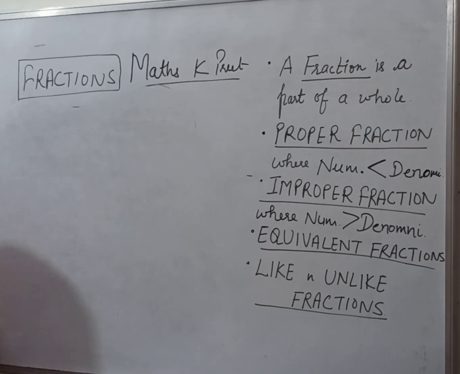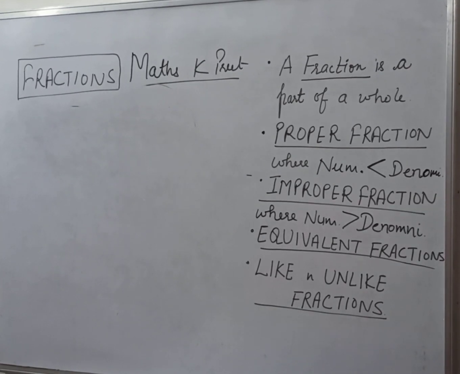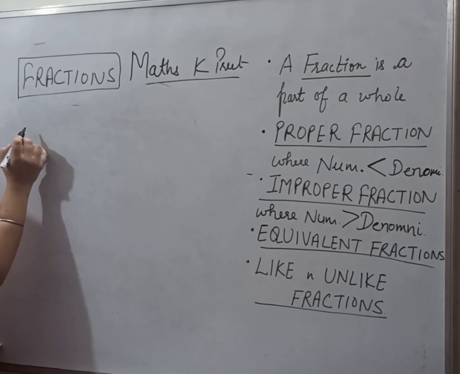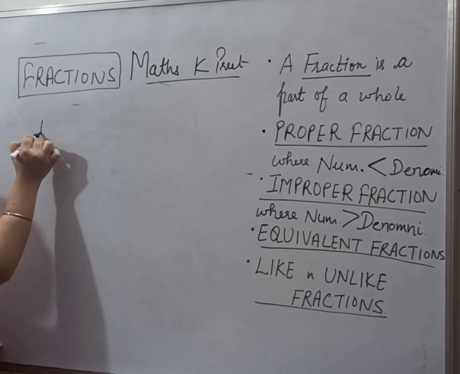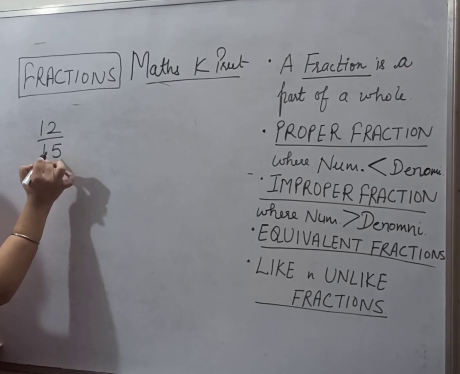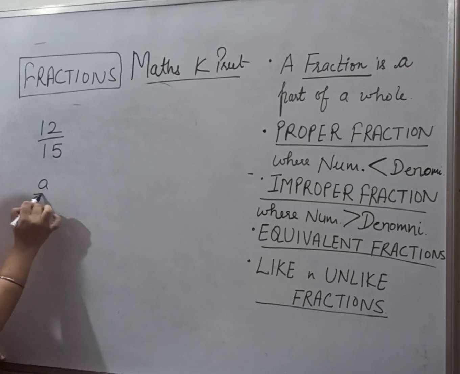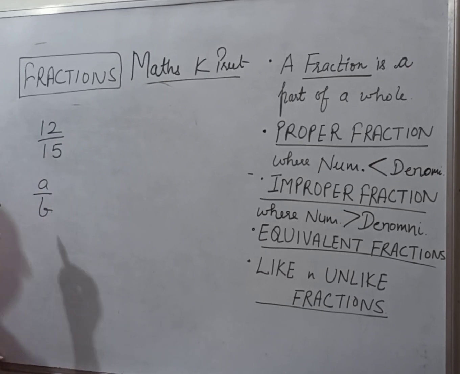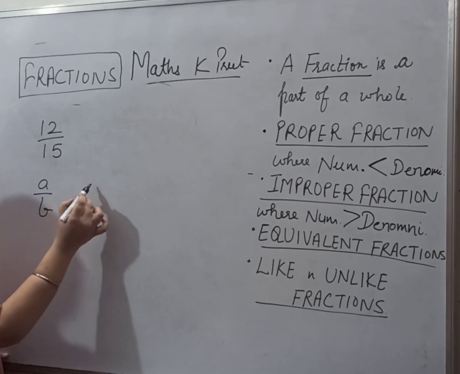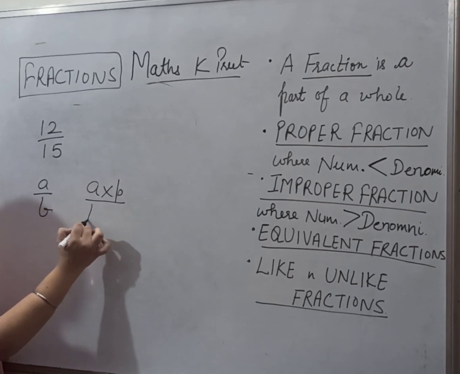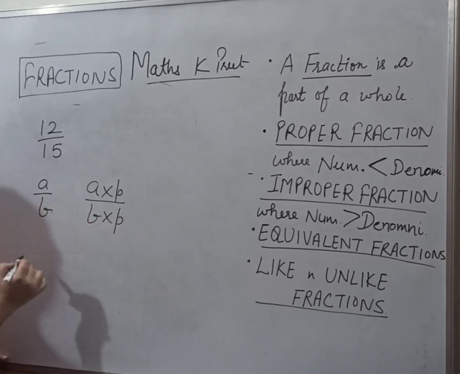So when we have a fraction, say 12 by 15, an equivalent fraction is a fraction like this. Let's take a general example, a by b. If we have this fraction, we can find another fraction by multiplying the numerator and the denominator with the same number.